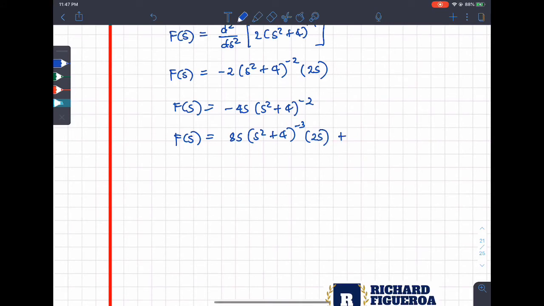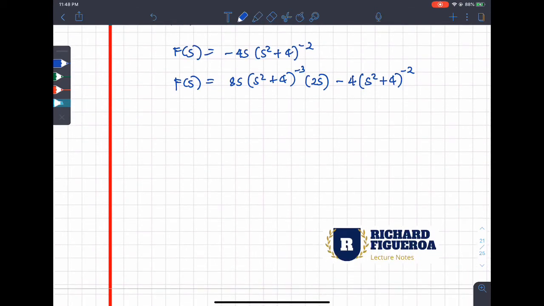Then plus, it should be minus 4s, multiplied with, or rather, the derivative of negative 4s would just be negative 4, multiplied with s squared plus 4 raised to negative 2.